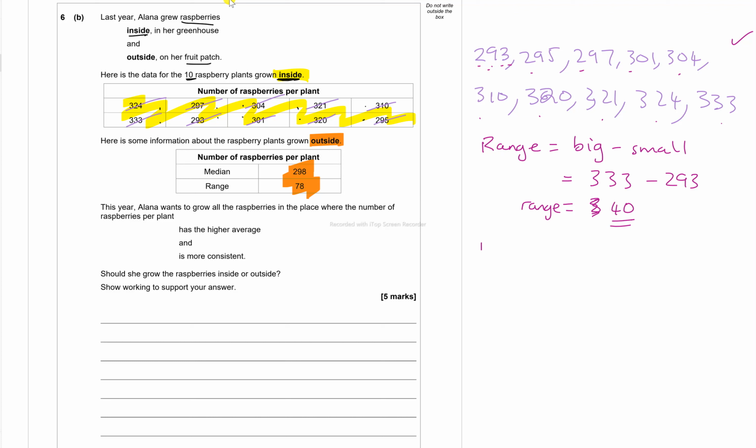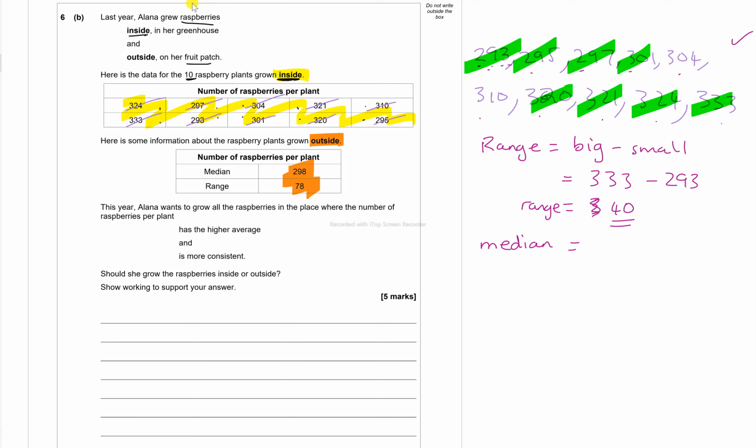Right, we now need to work out the median. So they made this difficult. Now be careful when you do this. Small, big. Can you see? I didn't have enough room to write on one line, so it's going to be a bit trickier. Small, big. Small, big.